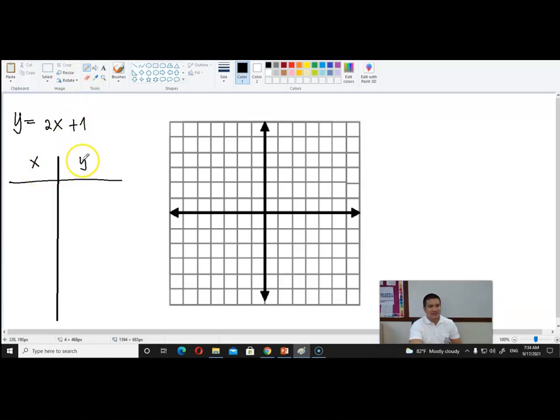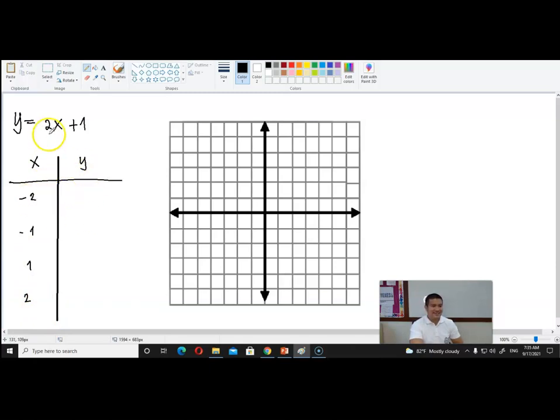Let's say we just pick 4 values of x: negative 2, negative 1, 1, and positive 2. So what will be the value of y?